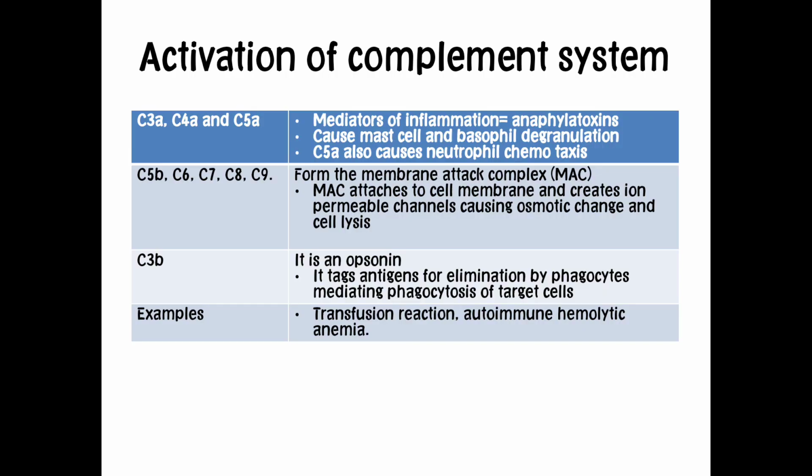Examples of type 2 hypersensitivity reactions that utilize activation of the complement system include transfusion reaction and autoimmune hemolytic anemia. All these occur following the mechanism of complement activation that results in target cell death, dysfunction, and destruction.